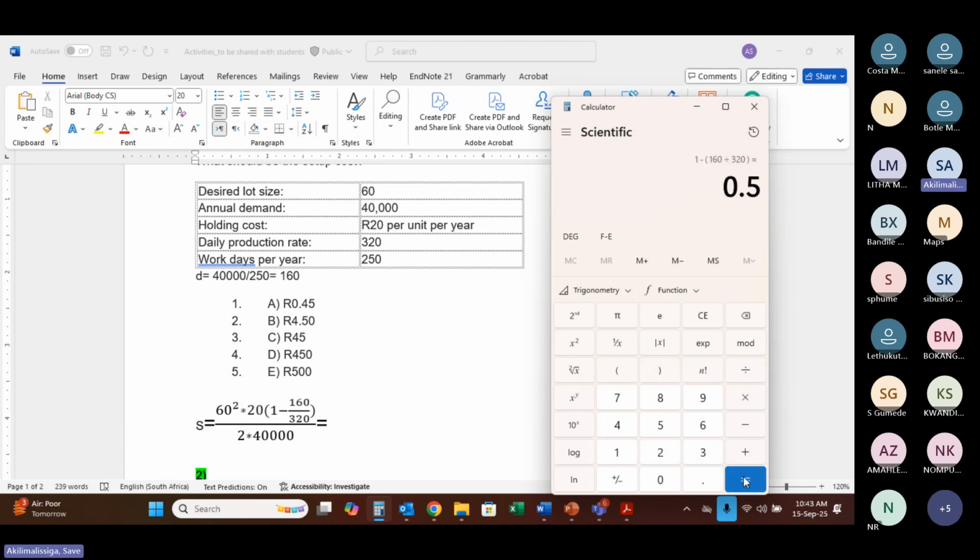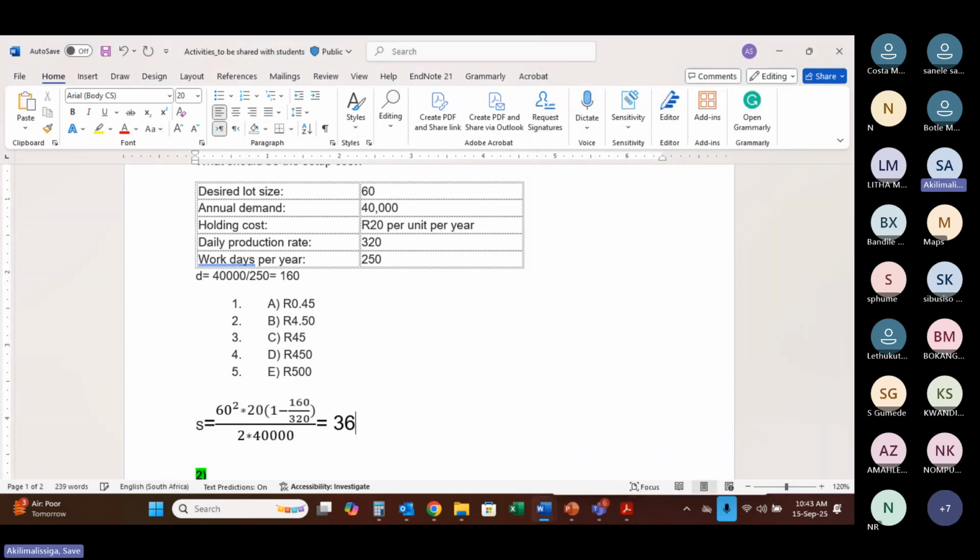That gives us 0.5 for this part. Now I'm gonna multiply this by 20. That gives us 10 multiplied by 6 to the power of 2, or 60 times 60. So this gives us 36,000, right?